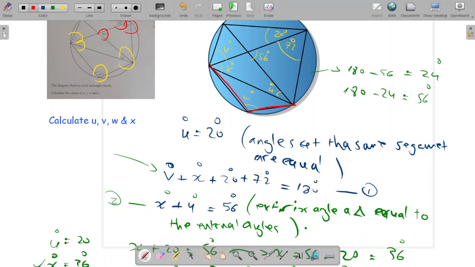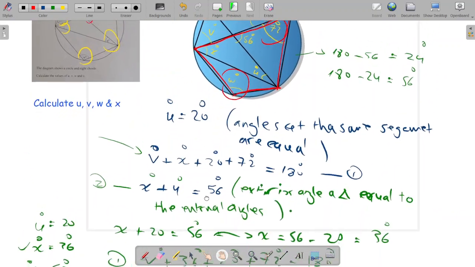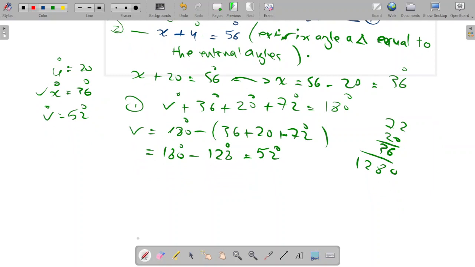and this is a cyclic quadrilateral, as you can see, another cyclic quadrilateral. So I can say that this angle plus this angle sum up to 180. So I'm going to add this information here, and I will say that W plus 72 degrees will be equal to 180 degrees. Why is that?